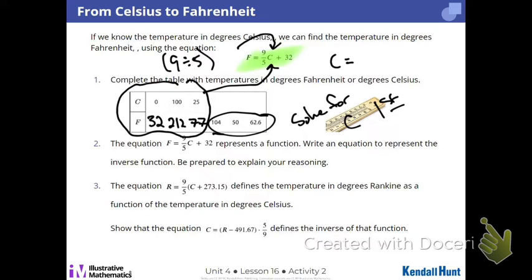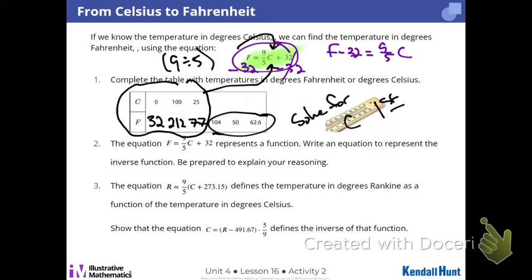So I'm going to start over with my F equals function, and I'm going to isolate C. What's the first thing I can get rid of? Plus 32. How do I get rid of plus 32? I'm going to subtract 32 from both sides. So I have F minus 32 equals 9/5 C. This is straight from our equivalent equations lesson in our equations unit. I need to get C alone still.